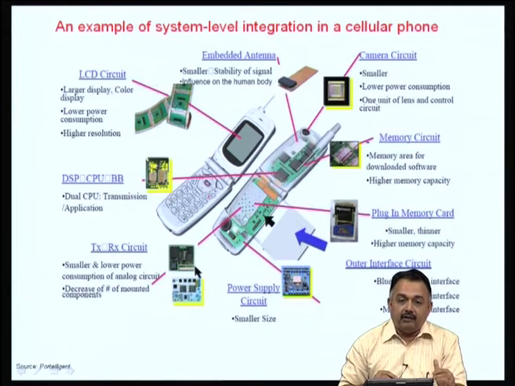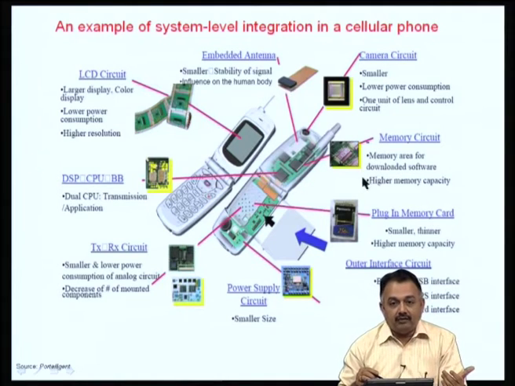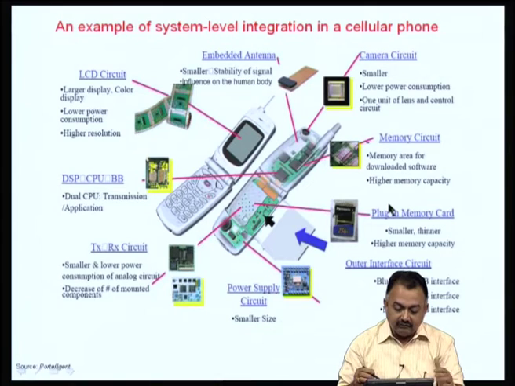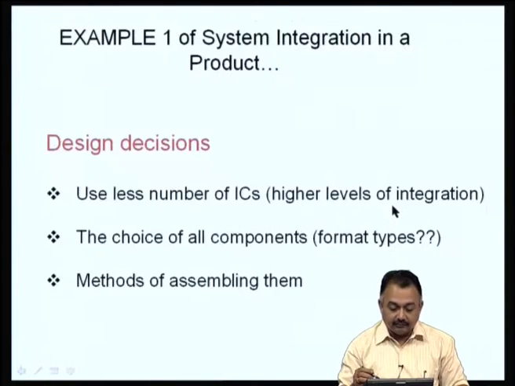Along with that, you get better electrical performance and better thermal performance. So, this is a very good example of system level integration in a cell phone.